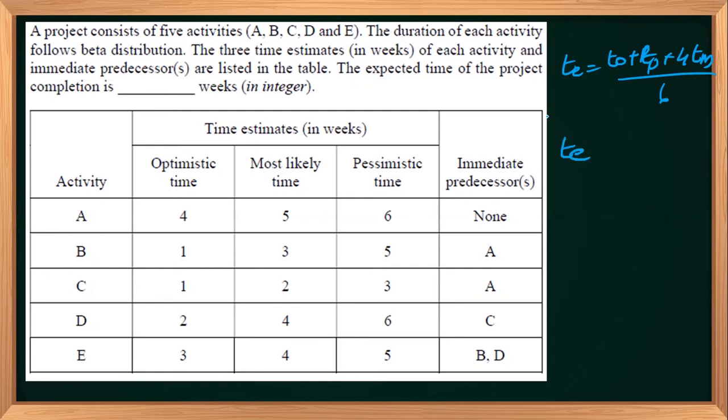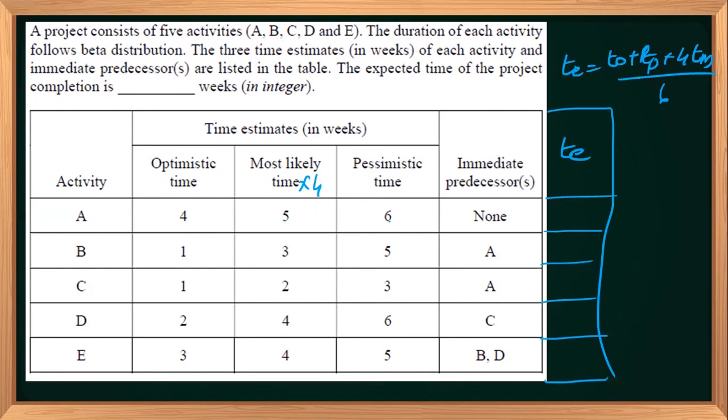So let me find out the expected time T for all these activities. What will be the expected time for this one? Here I want to multiply by 4 and add this and divide by 6.